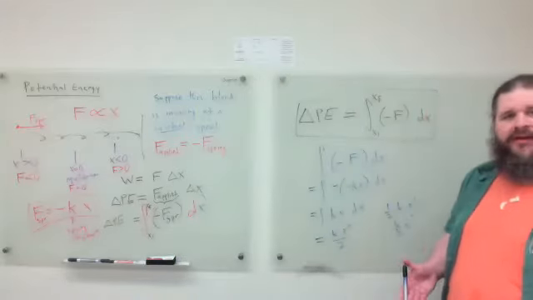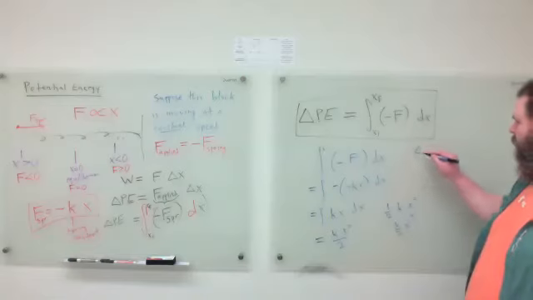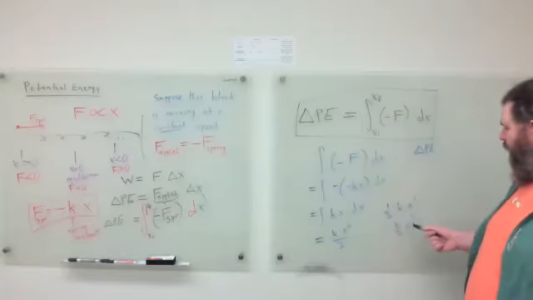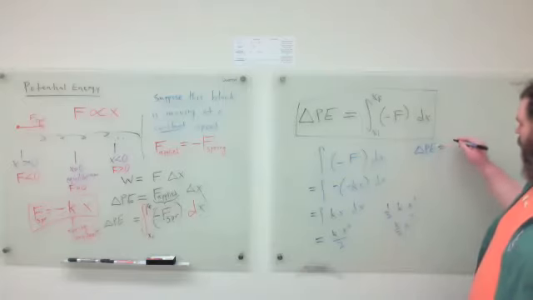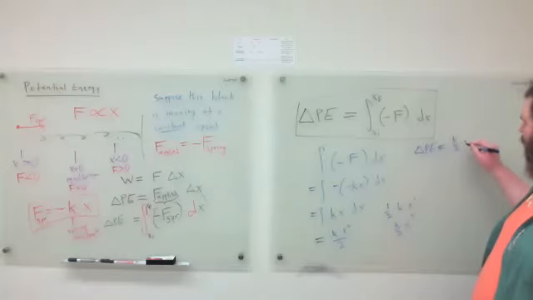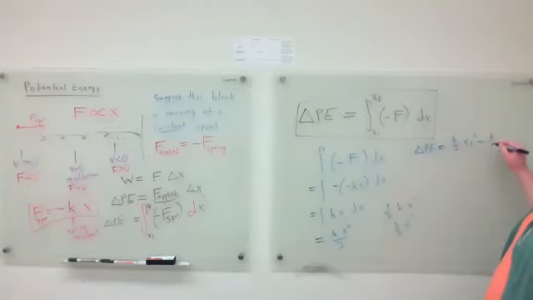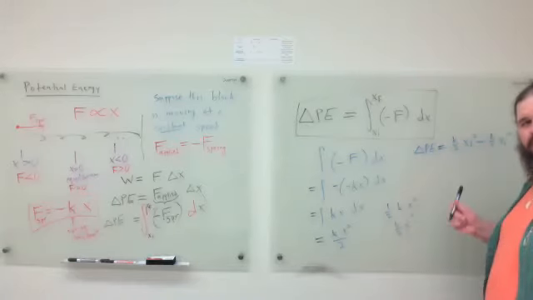Or since we usually care about the change, we could just fill in x initial and x final and subtract. So you fill in x final, you get 1/2 the spring constant times x final squared. Fill in x initial, 1/2 the spring constant times x initial squared. But what's the same in both of those terms?